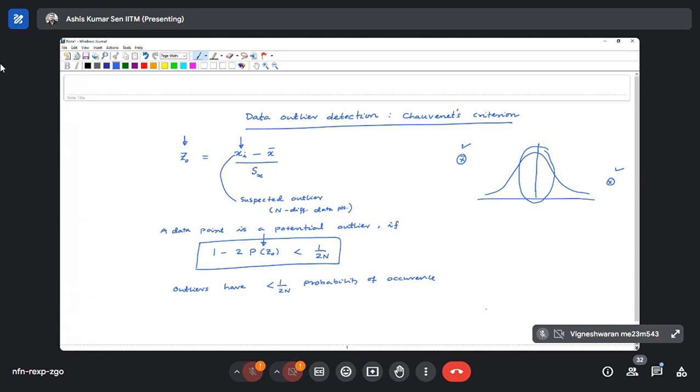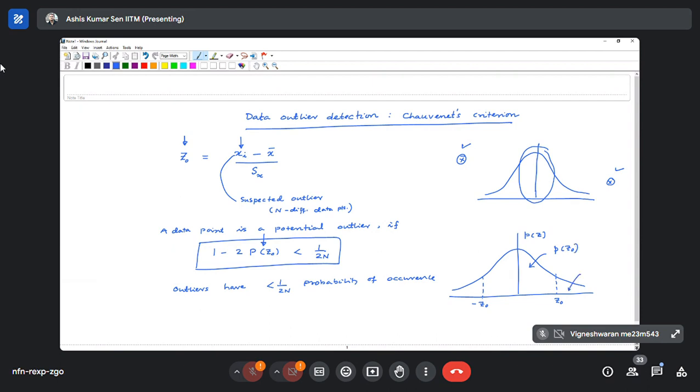That means if you have this Z distribution curve, so you have Pz and this normal distribution curve, you say that the probability of occurrence within this data range, let's say from minus Z0 to Z0, is Pz0.